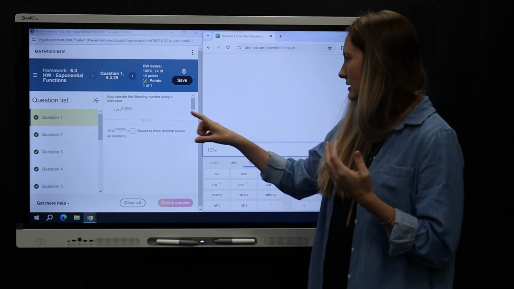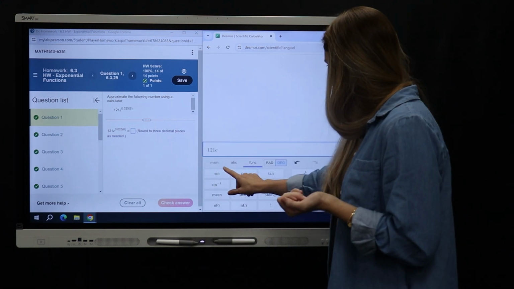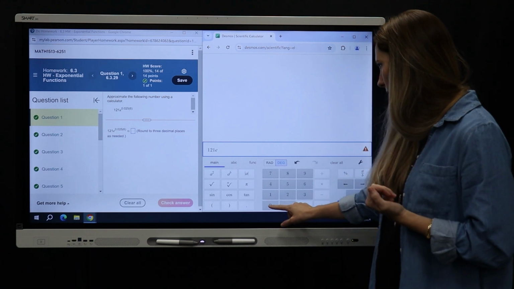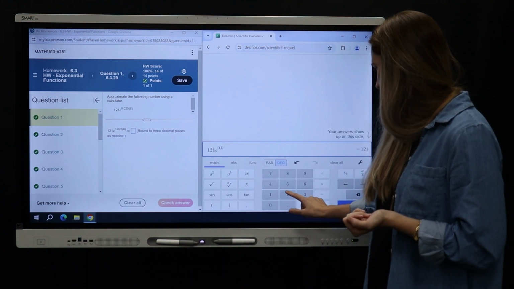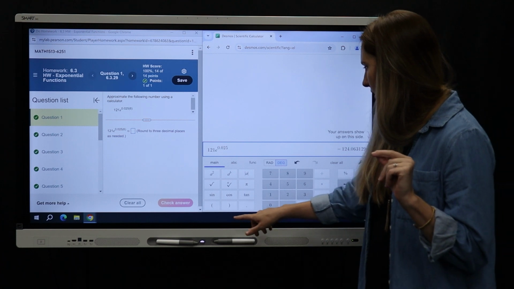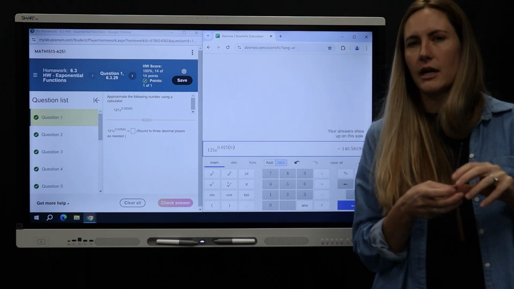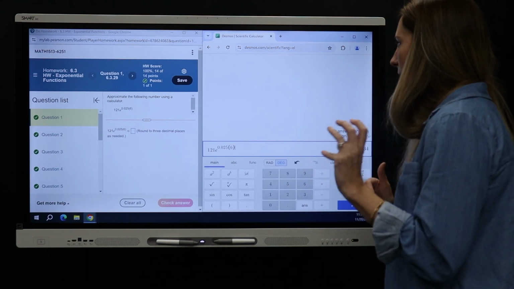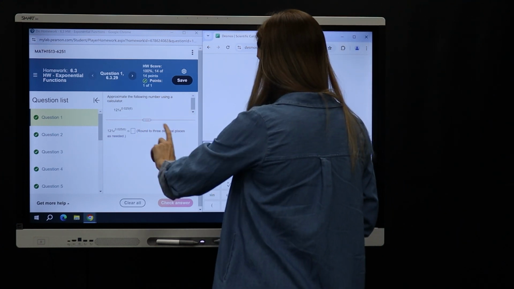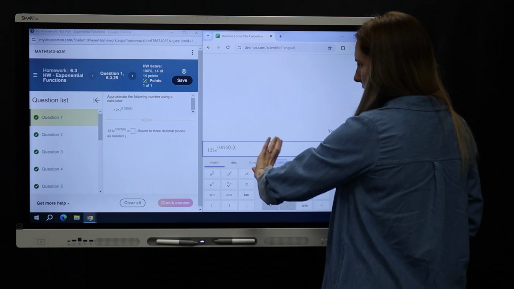The x is going to allow me to type in our numbers, so now I'm going to go back to main, 0.025, and then exactly how I see it, parenthesis, 6, parenthesis. Whenever I'm typing something into the calculator, I try to type it exactly how I see it, so that's exactly how they gave it to us.